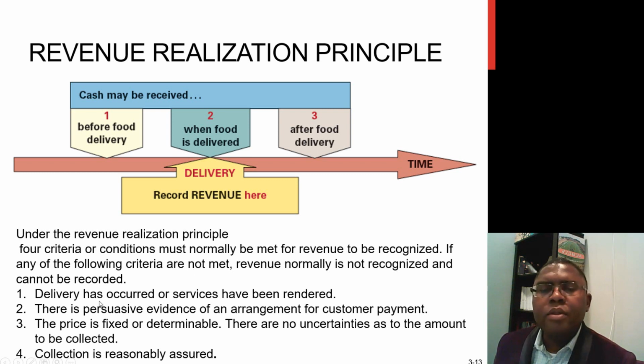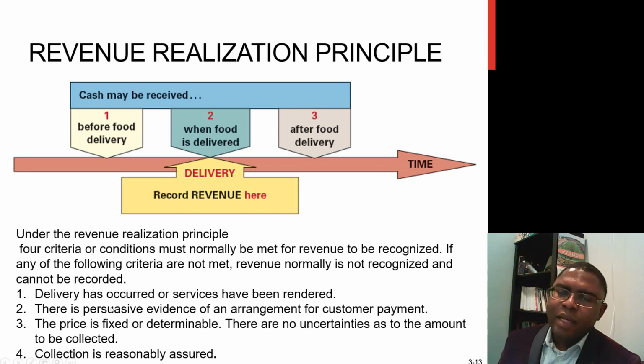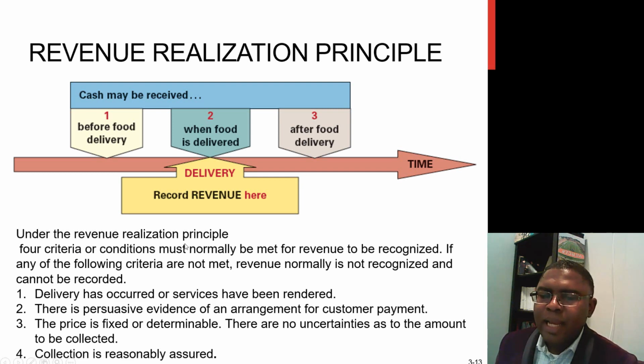Those conditions include: delivery has occurred or services have been rendered, there is persuasive evidence of an arrangement for customer payment, the price is fixed or determined, there is no uncertainty as to the amount to be collected, and collection is reasonably assured. Once this takes place, then we are going to go ahead and realize revenue.